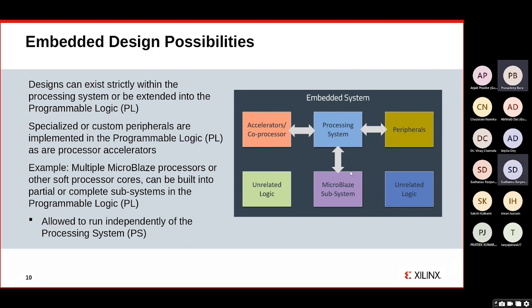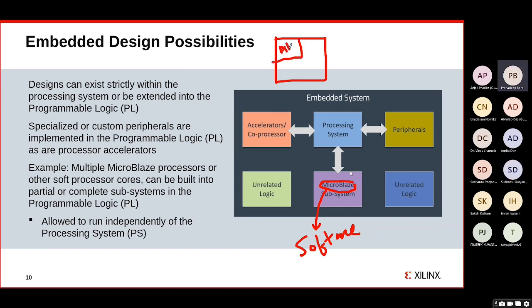So Microblaze. What is Microblaze? Microblaze is also a processor, but it is a soft core processor. Soft core processor means it is not dedicated hardware, right? The ARM processor, as I told, is already inside the chip, so it is a hard IP, a hard core processor.